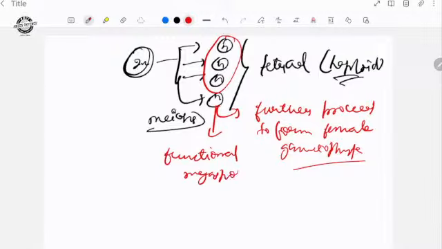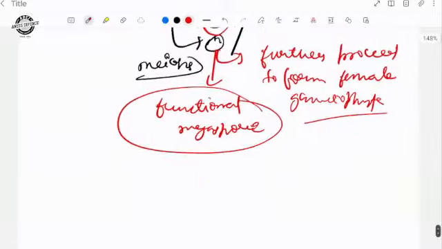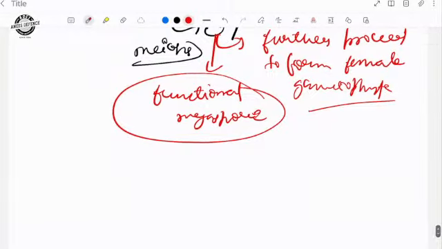Understood? It is in fact the first cell of the female gametophyte. It undergoes successive free nuclear mitotic divisions. Thus a total of 8 nuclei are formed, 4 of which are located at each pole. One nucleus from each pole migrates towards the center and they are called polar nuclei.